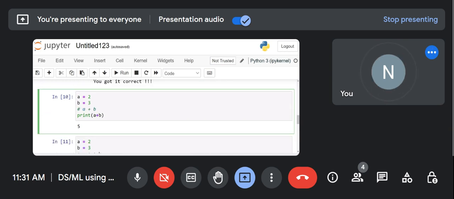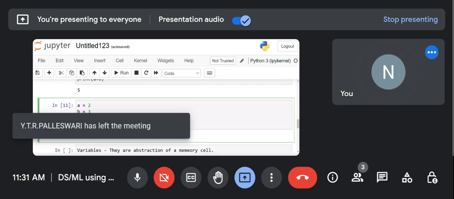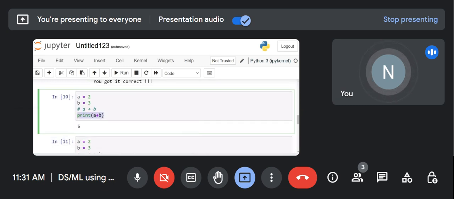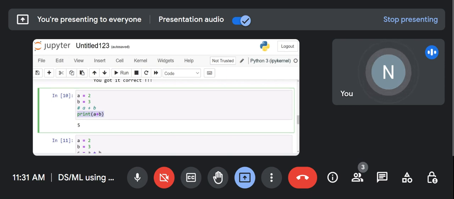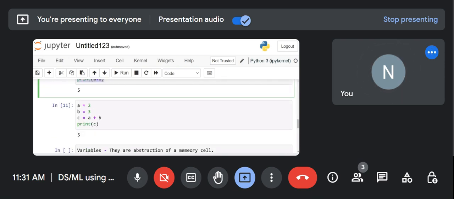You can take another variable also, c equal to a plus b. Either you can print directly, print a plus b, or you can take another variable, store the value of a plus b into c, and then print c. This is also what you can do. Again the result is the same.